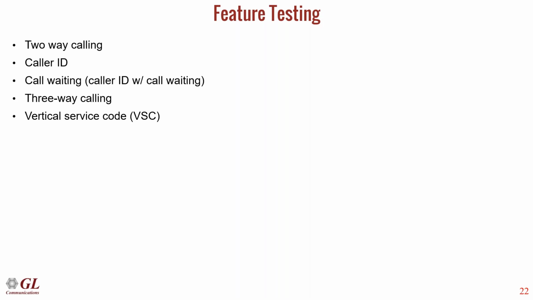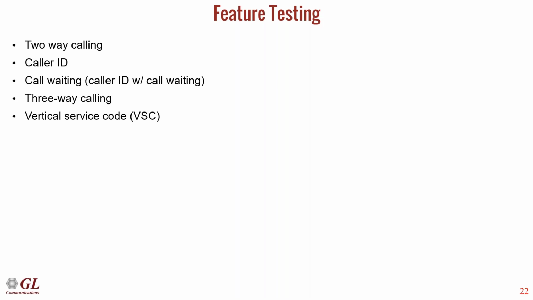Now, the other thing we could do is during a call, we can set up these different tests like two-way calling, three-way calling, call forwarding, things like that. And normally the network will request a flash hook and then sending DTMF. So we can do all that.